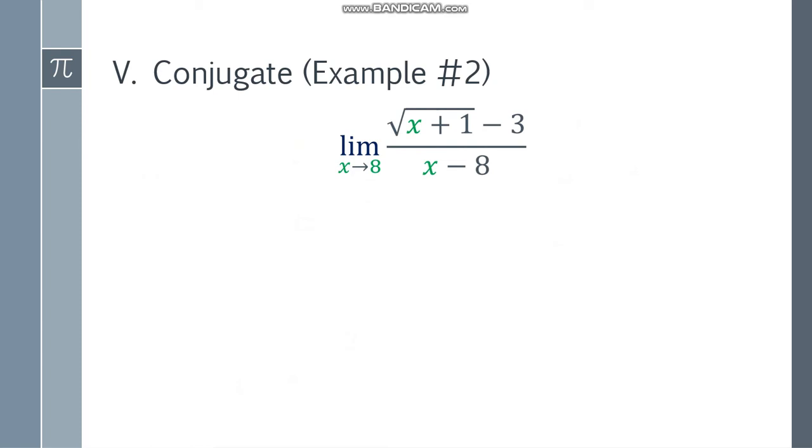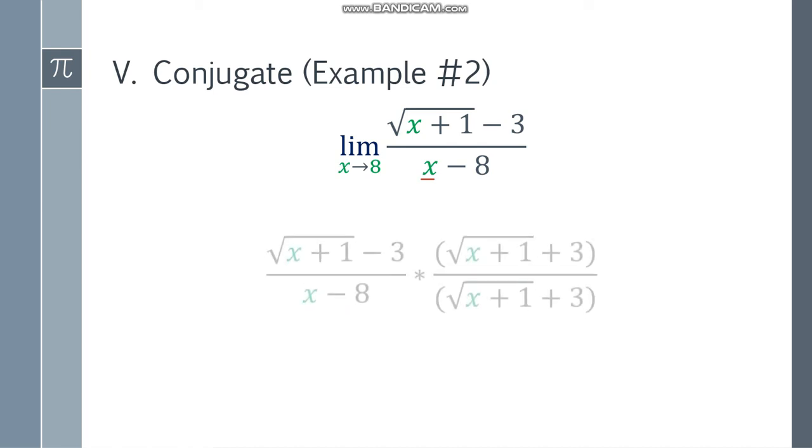We can do direct substitution. However, you can see there, if I put 8 here, 8 minus 8, that will become 0. So it's not acceptable. We can do factoring. We cannot factor anything. Common denominator? No. Can we expand something? No. So we can just do the conjugate part.